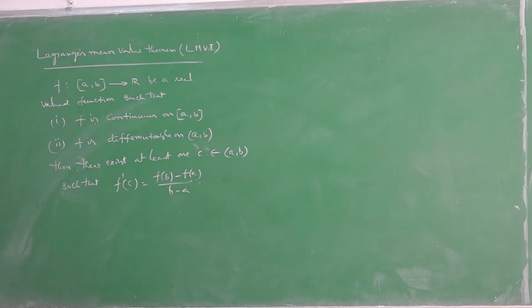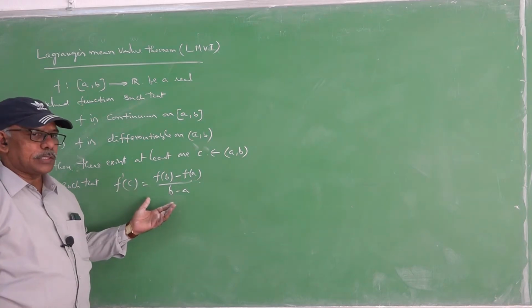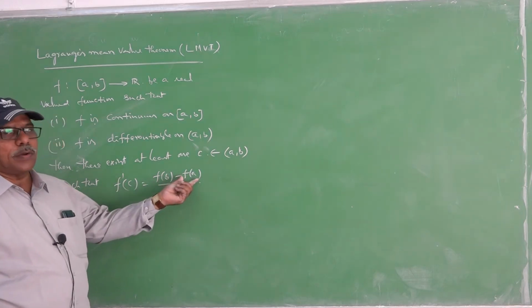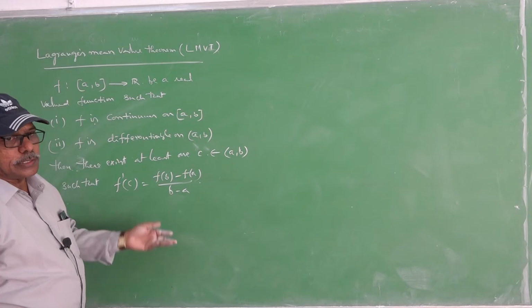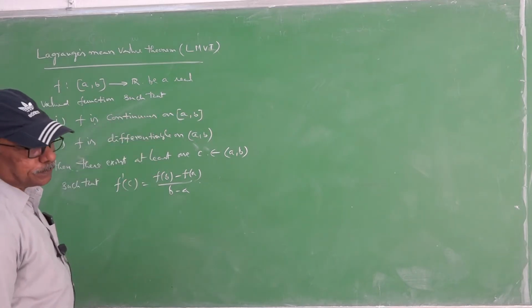Certainly there exists a point, at least one such point, where the derivative f dash c takes the value (f(b) minus f(a)) by (b minus a). In case of f(b) equal to f(a), it comes under Rolle's theorem. Rolle's theorem is a special case of Lagrange's mean value theorem.